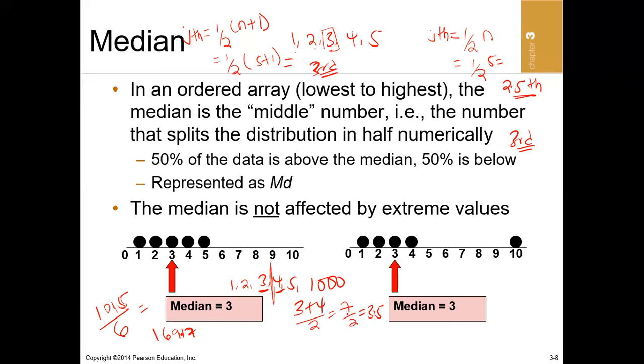So for this set of figures, when we say their average as computed by median is 3.5, we can confidently say this is a better representation of an average of these figures than 169.17. So if this is the salary of workers in the company, we can conclude that on the average, the salary is 3.5, which I think is a better average than saying their average salary is 169.17.